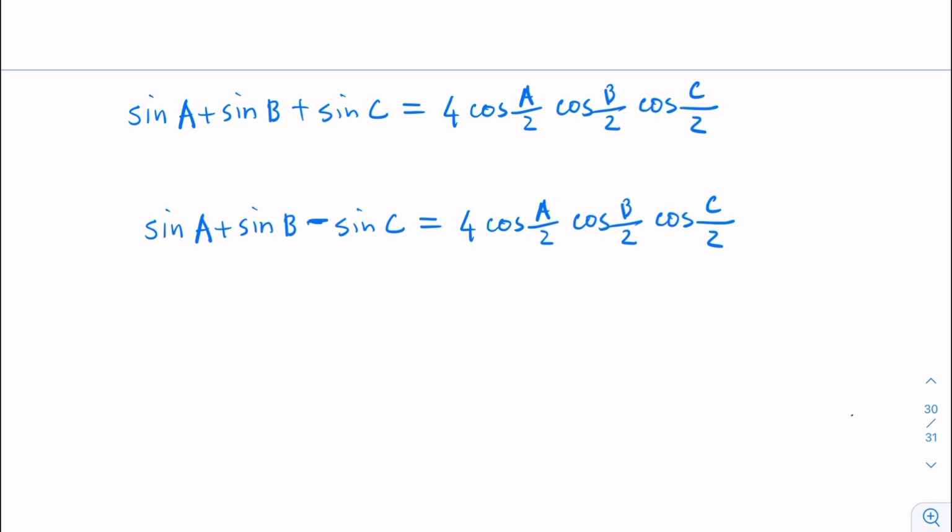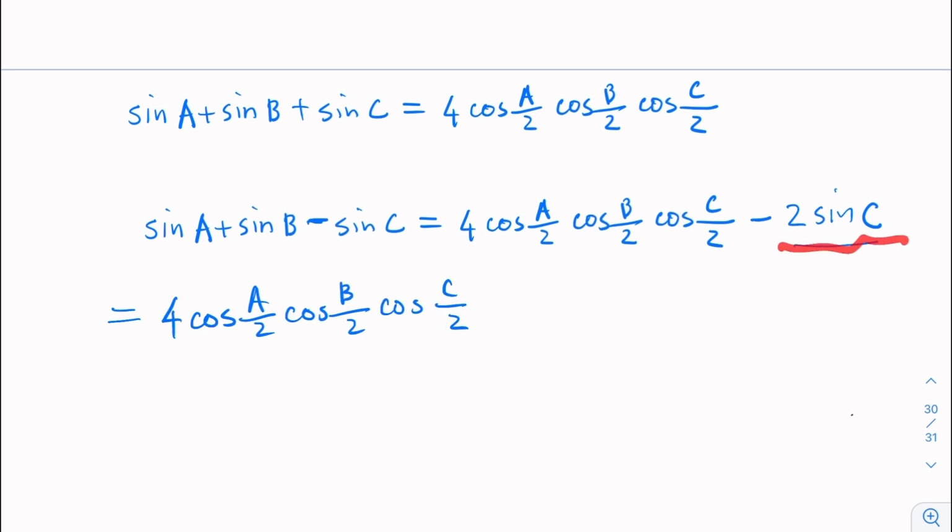But let's look at another proof based on the first result. From this identity, we have to change plus to minus. So here, we have to subtract 2 sine C, so 2 sine C with a double angle quantity.